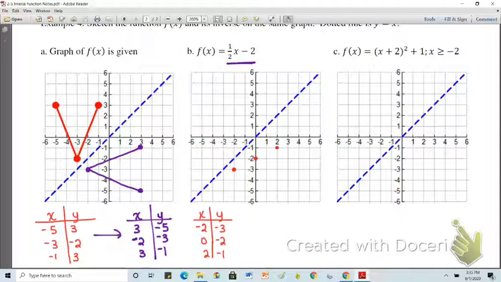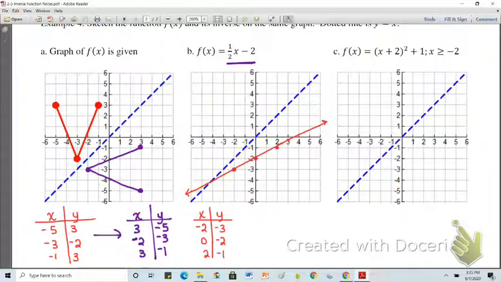You will then use your straight edge, and since I don't have one, I just extended my line to help me make this as straight as possible. So that is my original line.